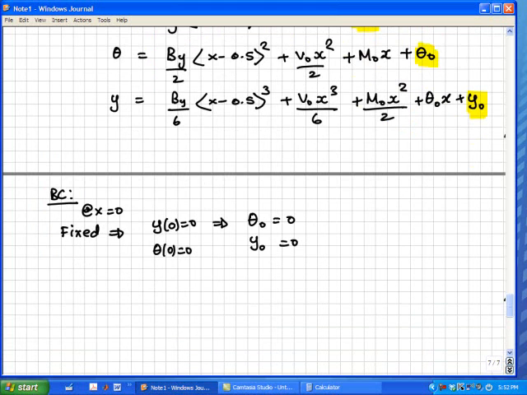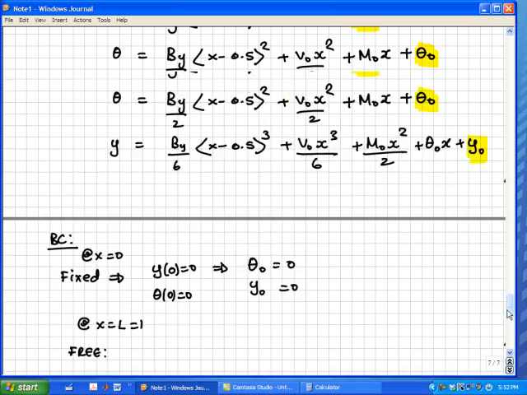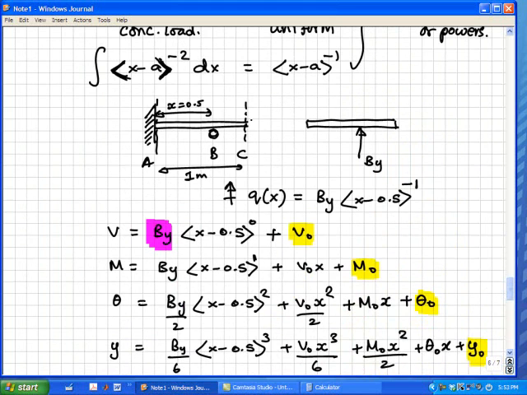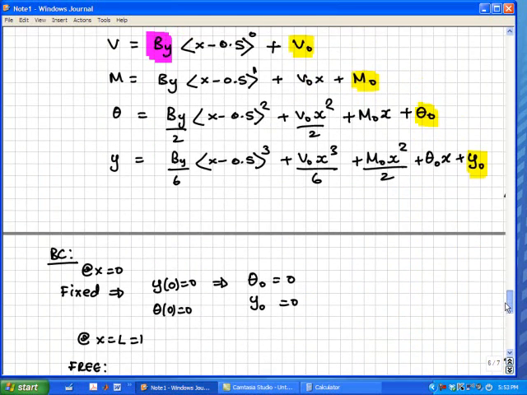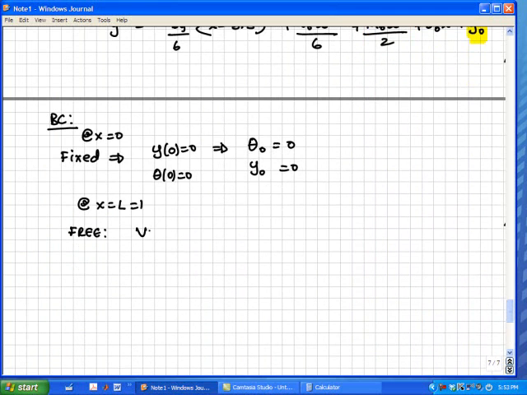Then at x equal to L, which is equal to 1, the other end, it is free. See that? This end is free. So if I have a free end, immediately I will get V at L equal to 0, M at L equal to 0.